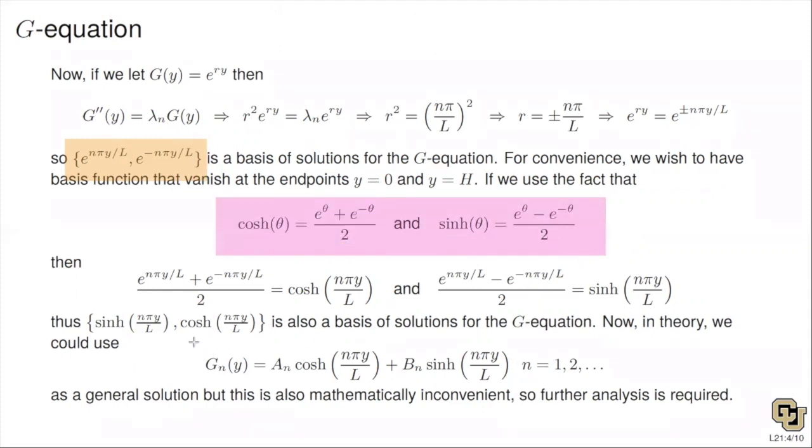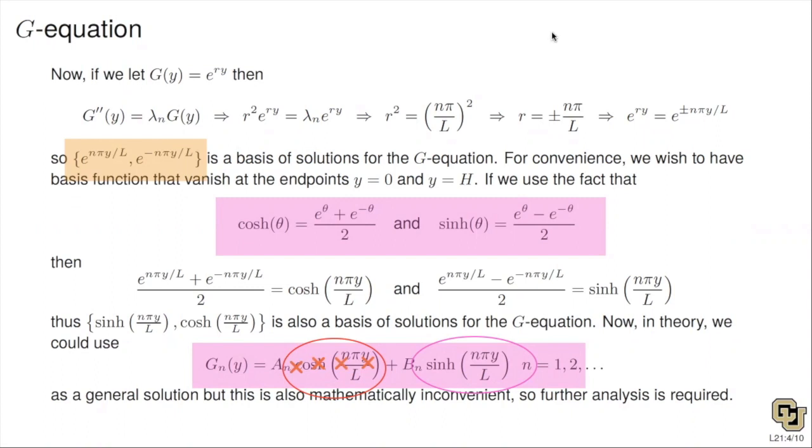And here we could have used this, but again, this is not quite that nice. This will disappear when y equals 0, but the cosh term is a problem. That doesn't disappear. If you let y equal 0, cosh equals 1. If you let y equal h, you'll just have some number there. So it's not quite ideal. We don't like this cosh term.